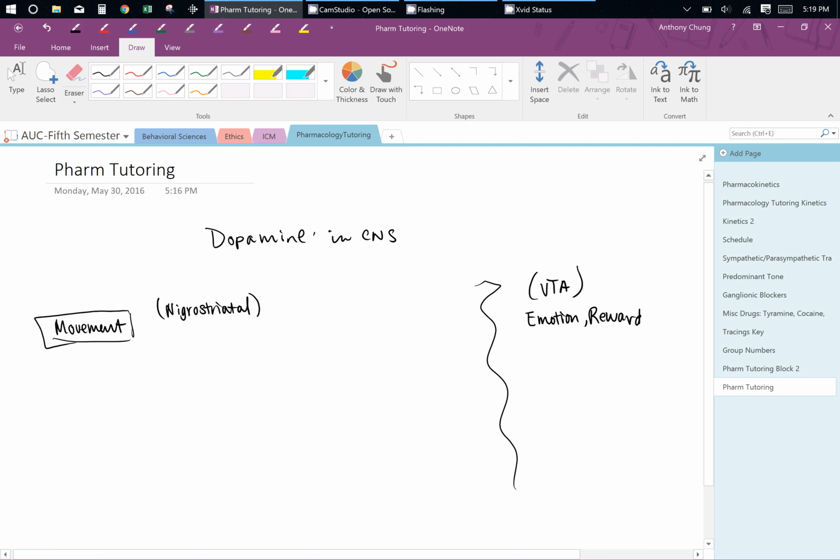Okay, and with regards to movement, we have two diseases that we can typically think of that are sort of the opposite. So one of them is Parkinson's. And when we think of Parkinson's, what do you normally think of? Do they move too much, or they have trouble moving? They're kind of shaky, and they have trouble getting the movement started, right?